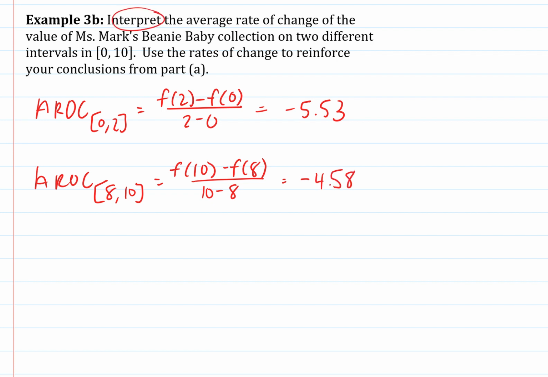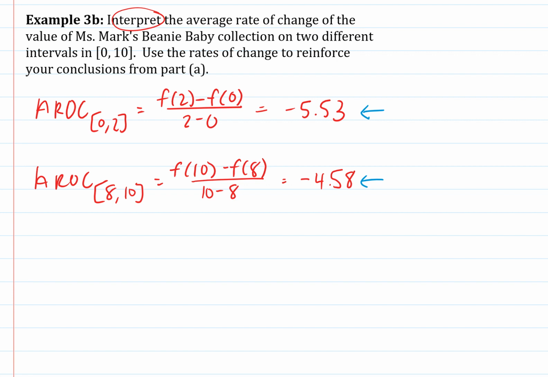If we're interpreting, here's how you interpret. This value tells us that on average, the value of her collection decreased $5.53 per year from the years 2011 to 2013. And this value tells us that on average, the value of her collection decreased $4.58 from the years 2019 to 2021.